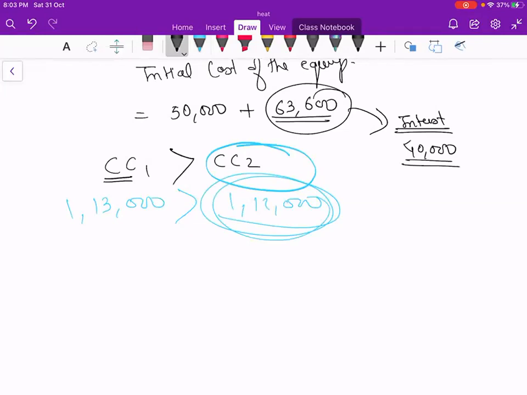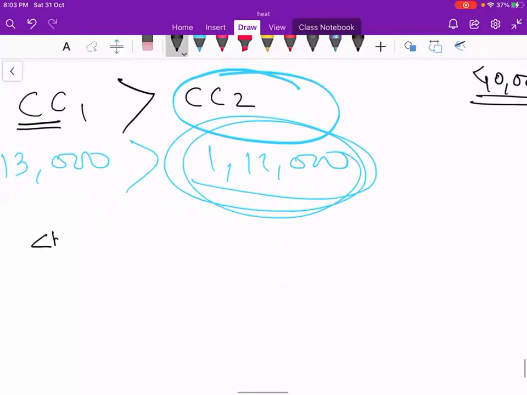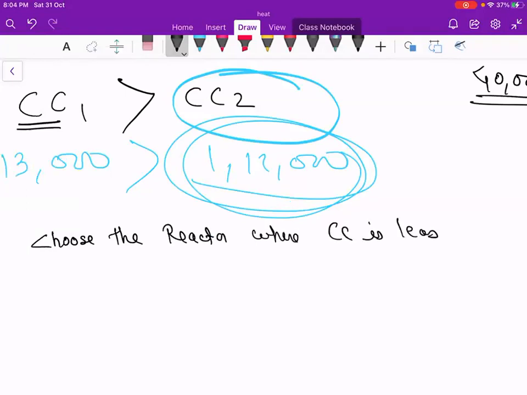So write this point. Choose the reactor where CC is least.